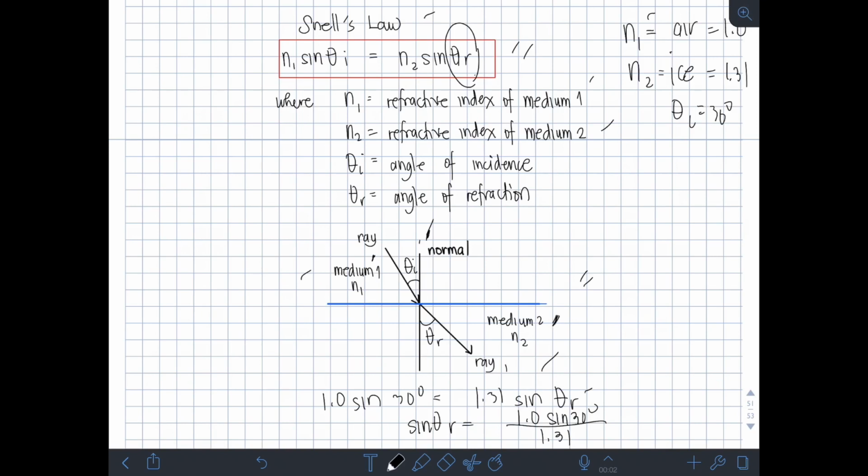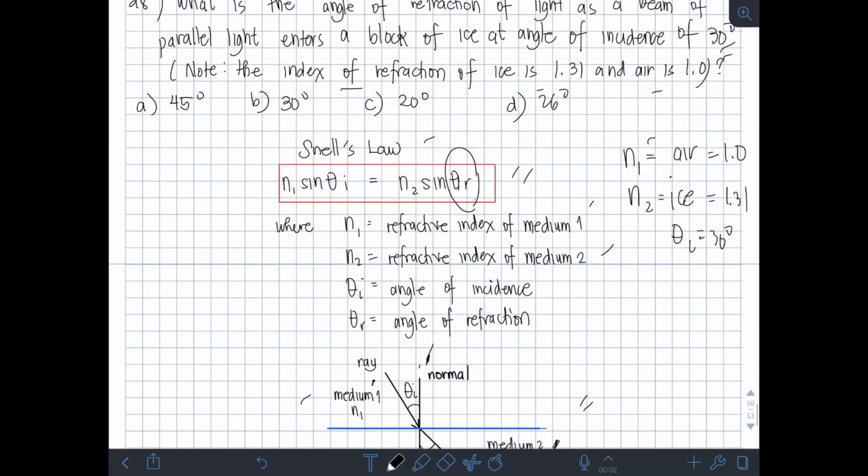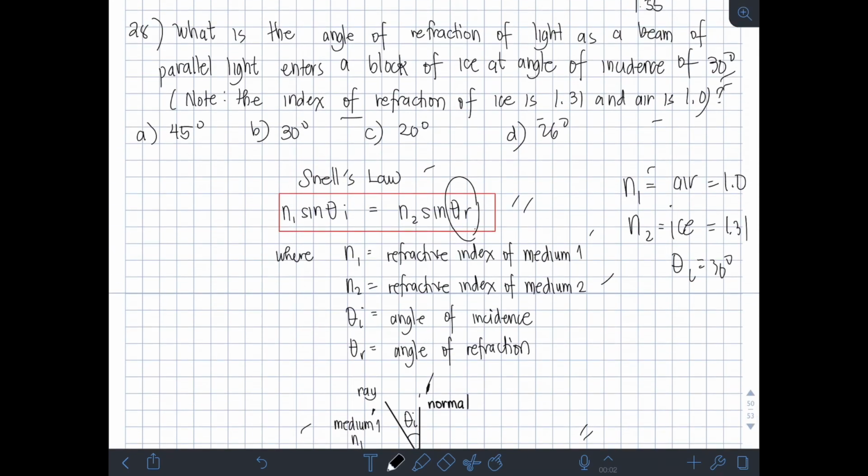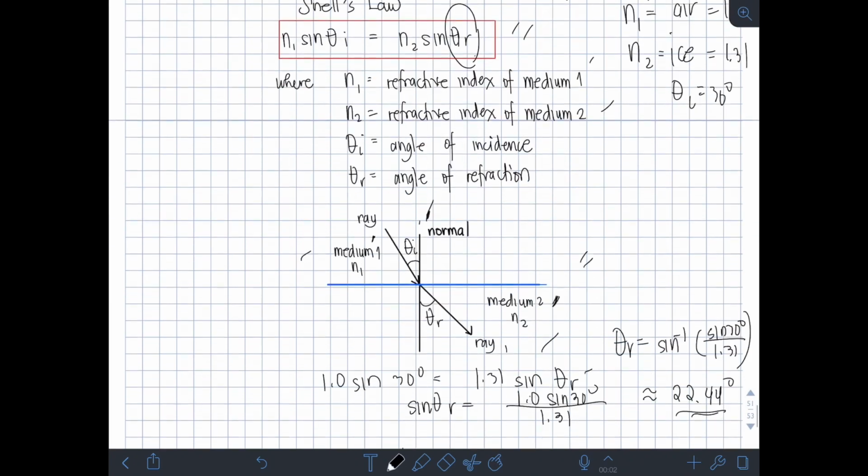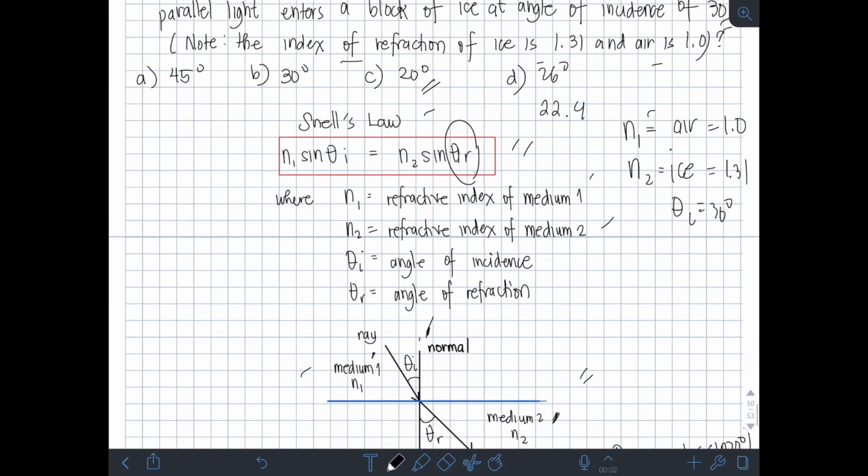And then, getting the inverse sine of that value, theta R is equal to arc sine of 1 times sin 30 divided by 1.31. Using a calculator, the value of theta R is approximately 22.44 degrees. The exact answer is not in the choices, but the closest is 20 degrees. But the exact answer is 22.44 degrees.